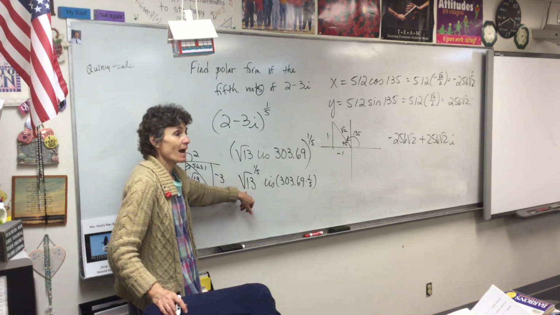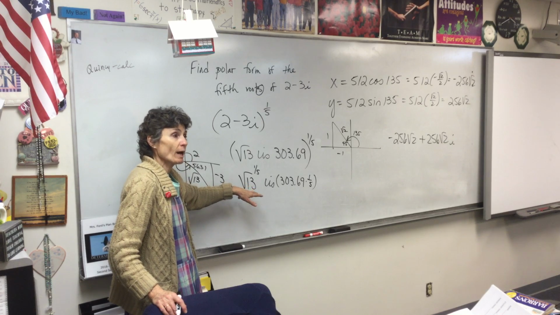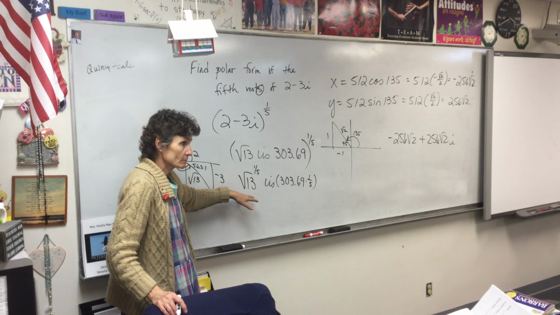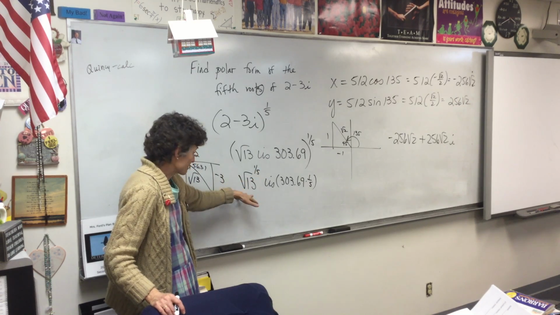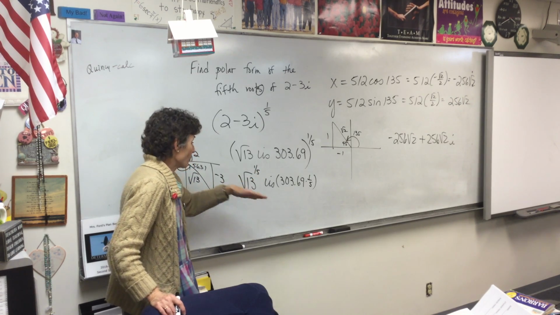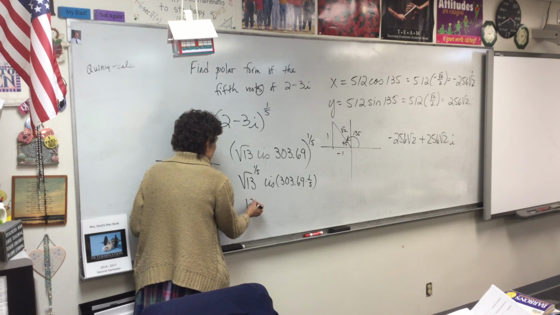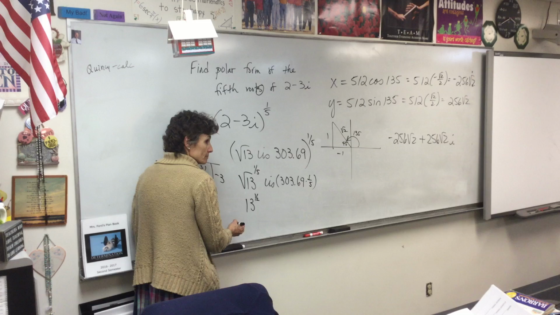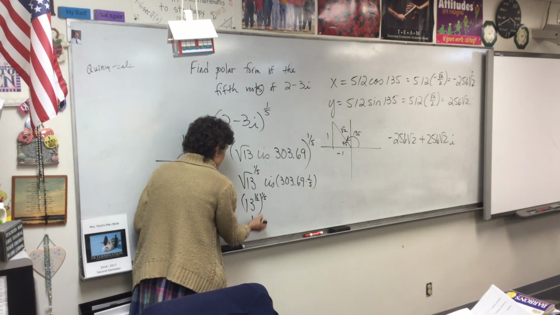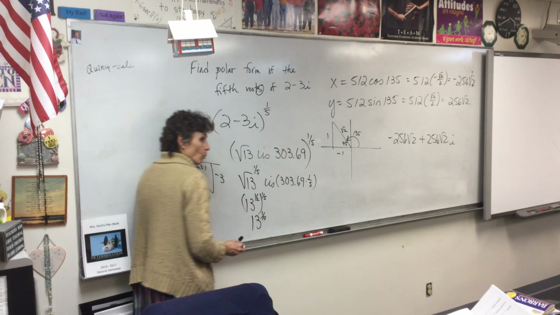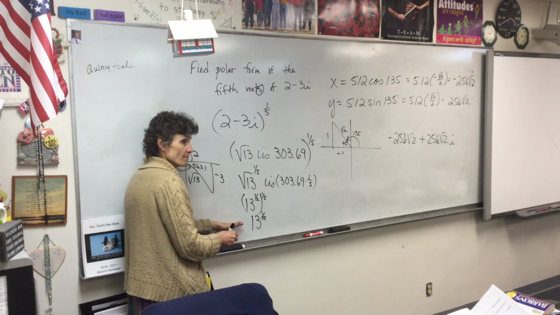Now, this is not okay. Root 13 to the 1/5: you can either write it as a radical, or you can write it with an exponent, but don't do both. This is both. See that? So my preference is, this is 13 to the 1/2, then to the 1/5. So it's 13 to the 1/10, which is fine.